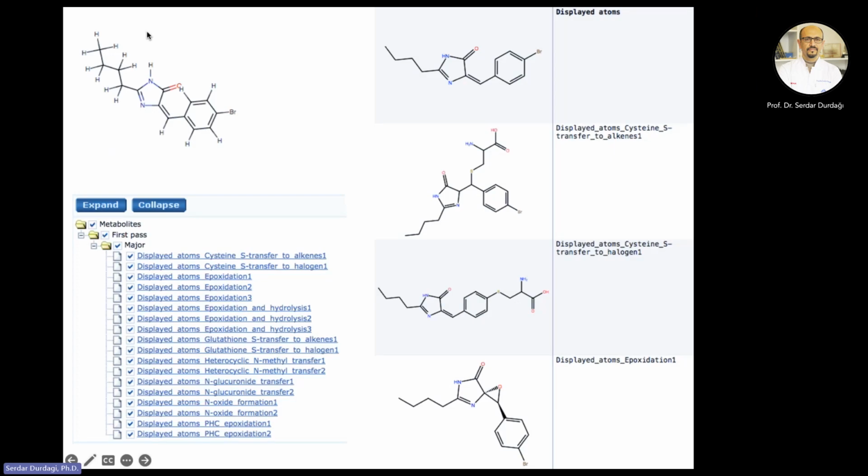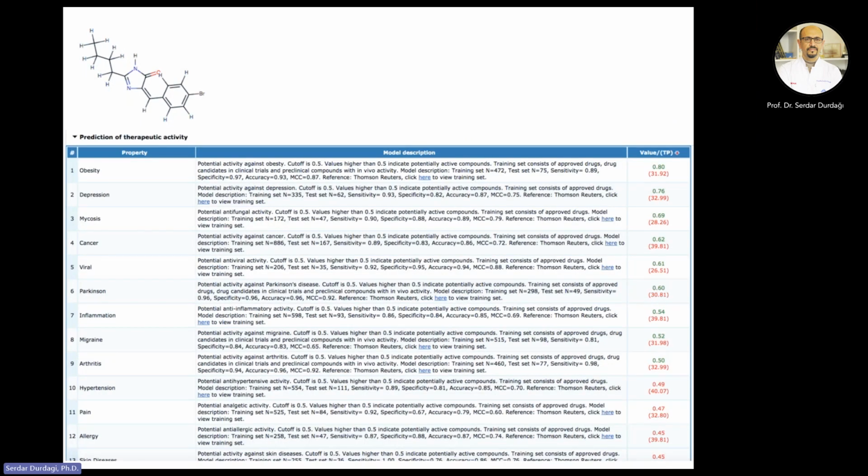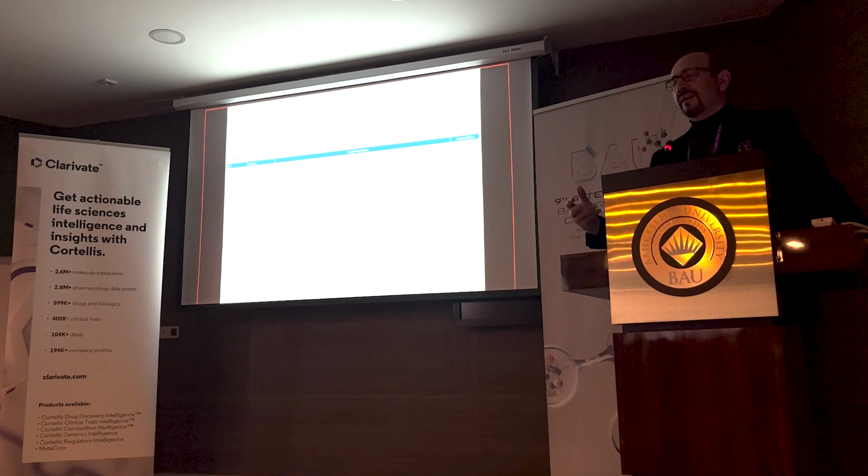With this analysis, let's say that you received some molecules. Let's assume that you screened 500 molecules with Metacore against cancer therapeutic activity, and you get 50 molecules with more than 0.5.